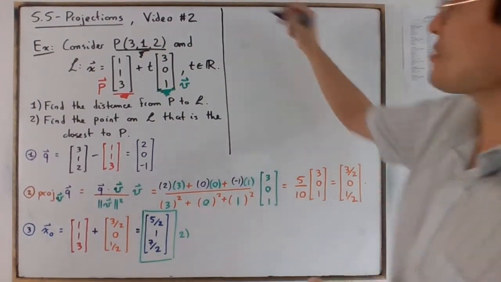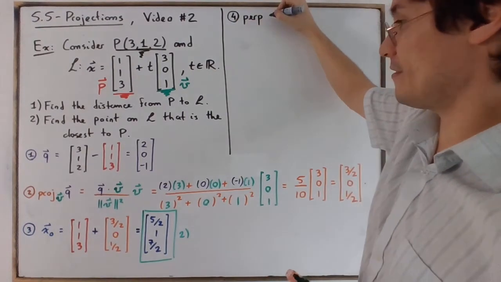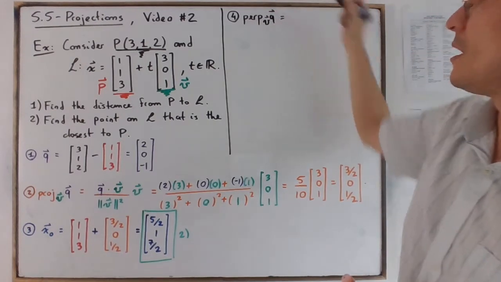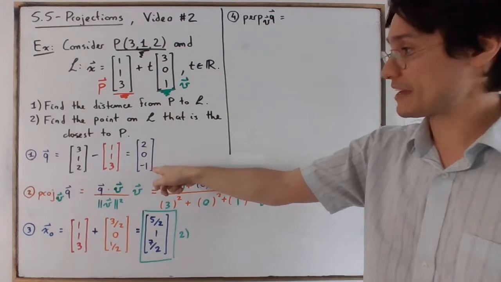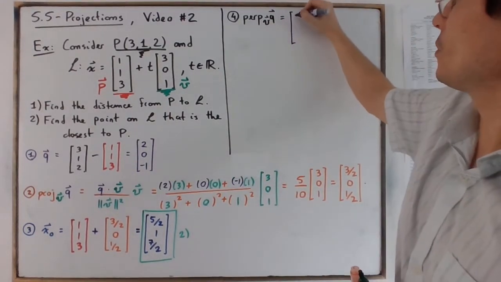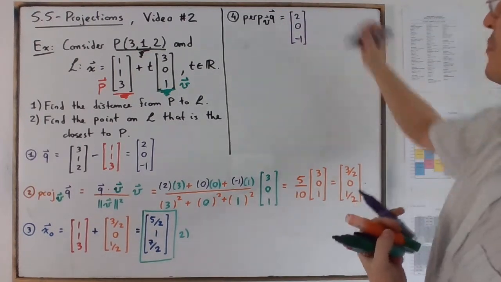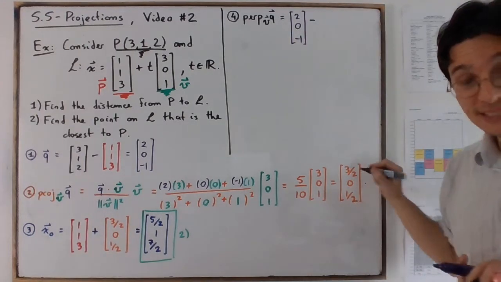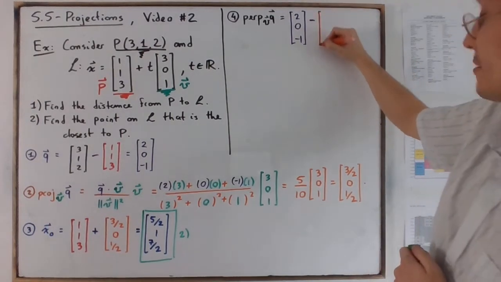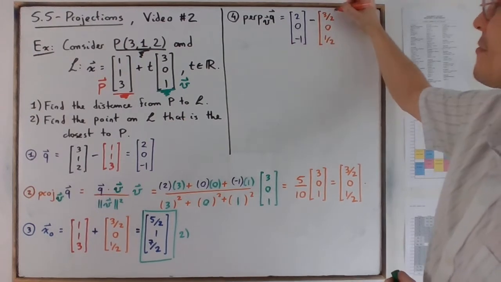So now we want to find the perp of Q on V. Okay, so we take the vector Q, (2, 0, -1), and we subtract from it the projection, (3/2, 0, 1/2).